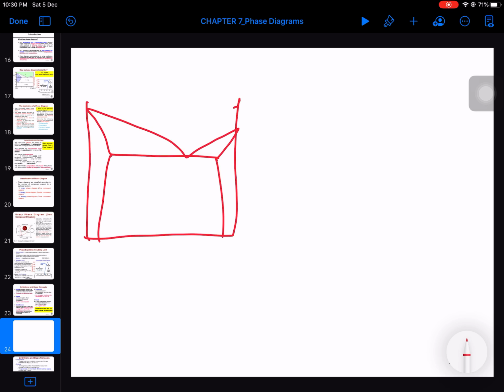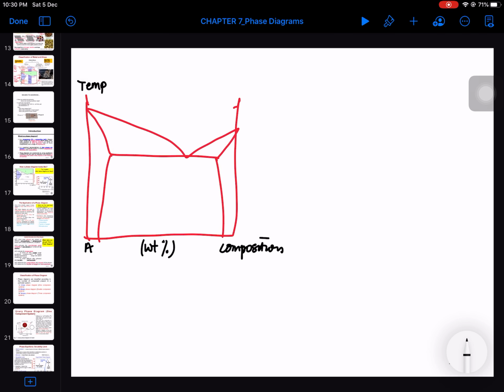The y-axis is for the temperature, and this is for the composition in weight percentage. So let's say it's a binary phase diagram, so we have element A there and B here.